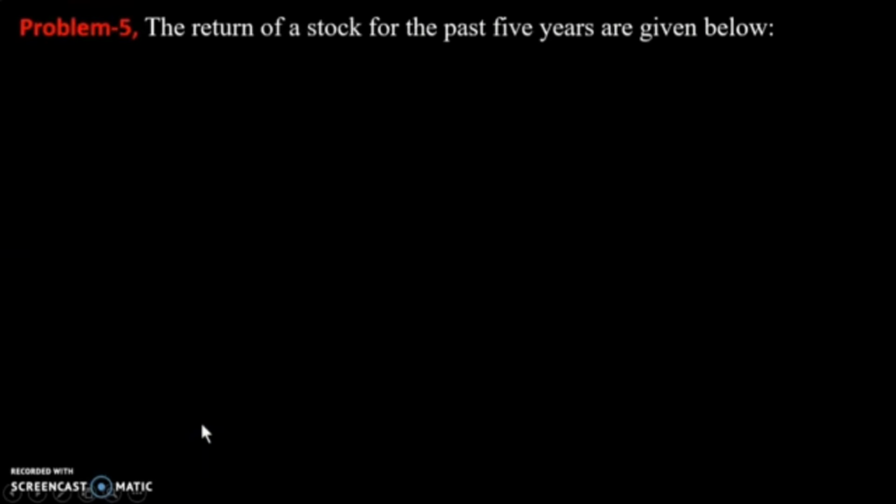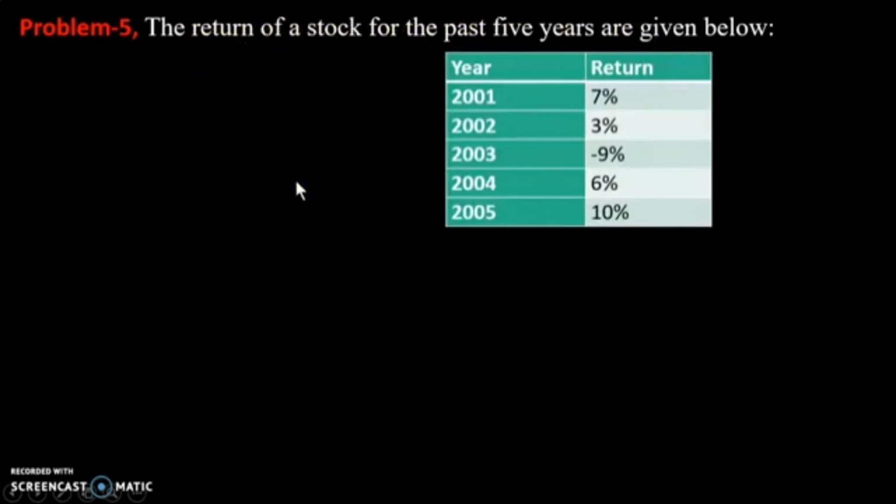Dear students, there is a problem on how to calculate a standard deviation. Problem number 5. The returns of a stock for the last 5 years are given below. Year 2001, 7%; 2002, 3%; 2003, minus 9%, that means a negative return; 2004, 6%; and 2005, 10%.